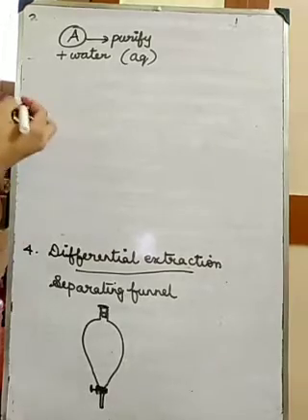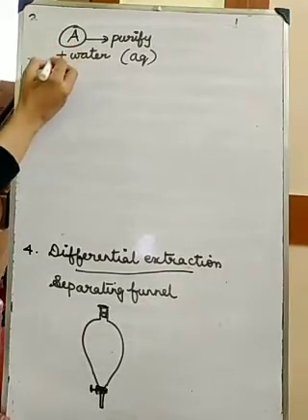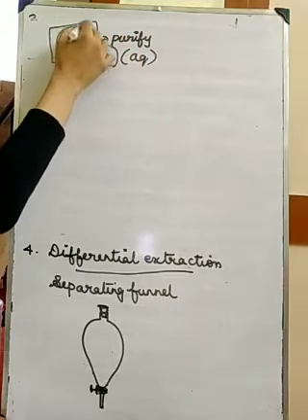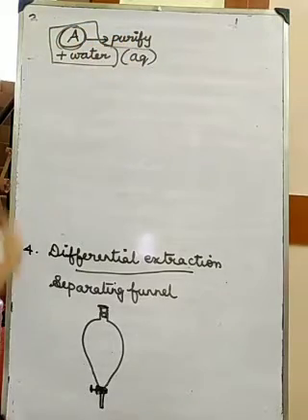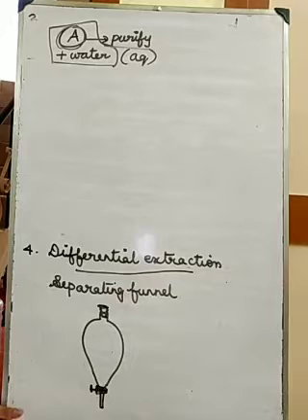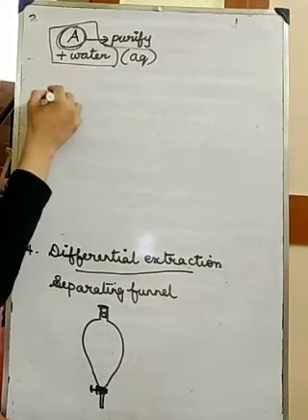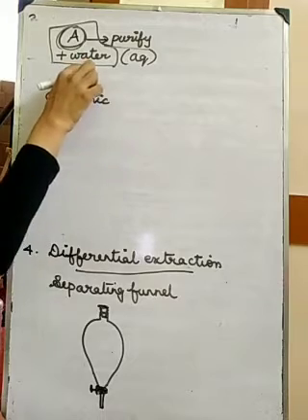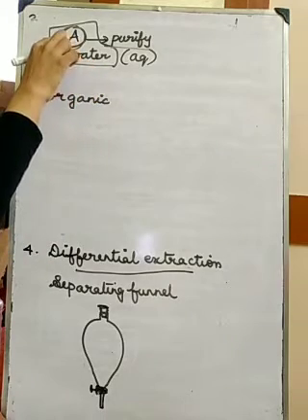So, if the organic compound is mixed with water, and if you want to purify this organic compound, what you should do is use another organic solvent. Here water is the solvent, this is the solute.